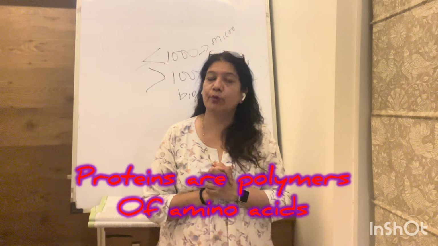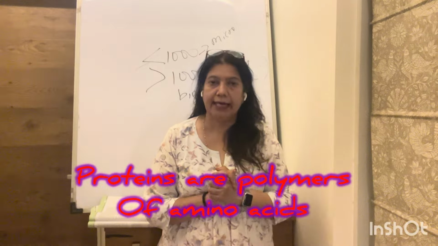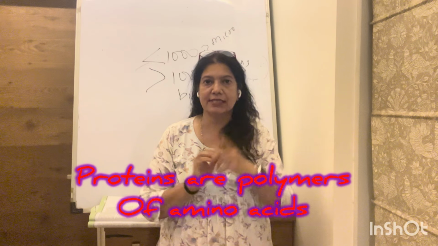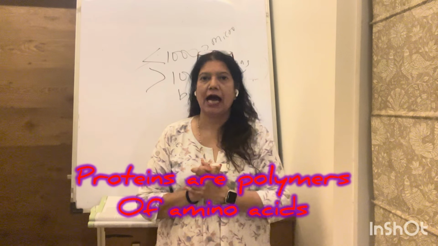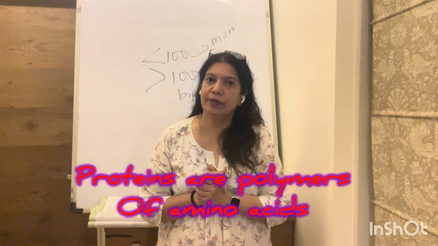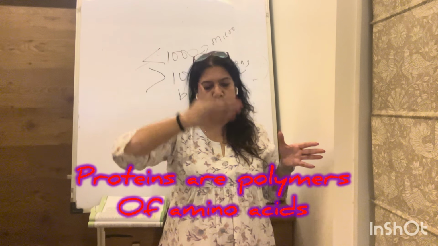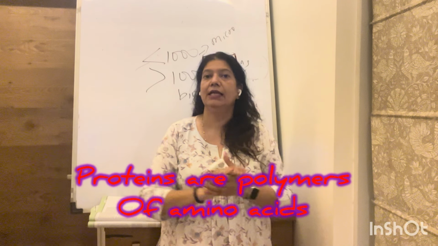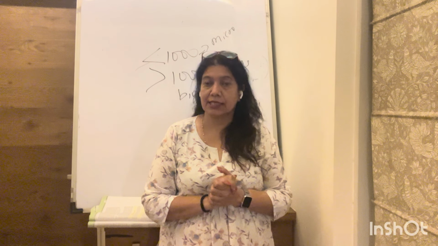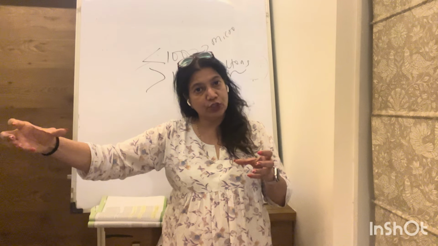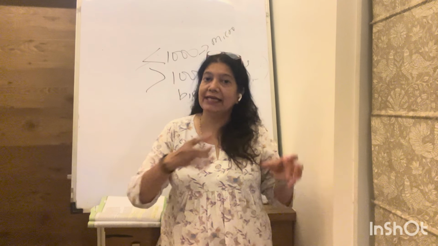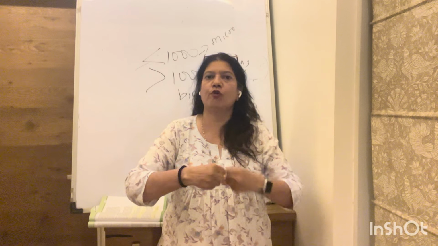What is a protein? Protein is a polymer. It is a repeating unit of a single unit which is called a monomer. And the monomer unit is usually an amino acid. Clear? So when a big protein is formed, it is usually repeating units of several single units called amino acids. Is it the same amino acid which repeats itself? No. Different amino acids combine together to form a single protein.